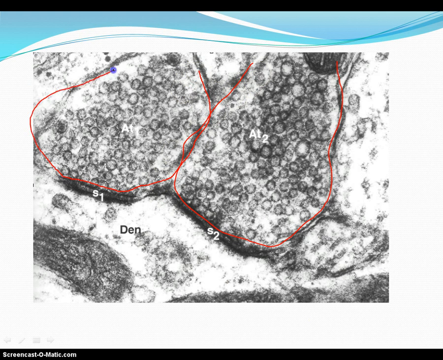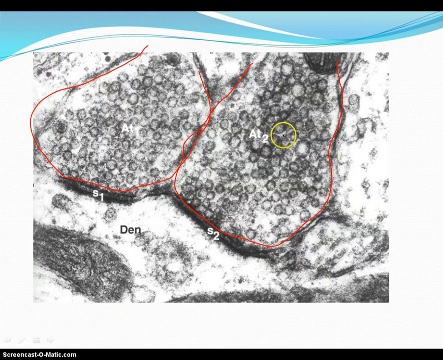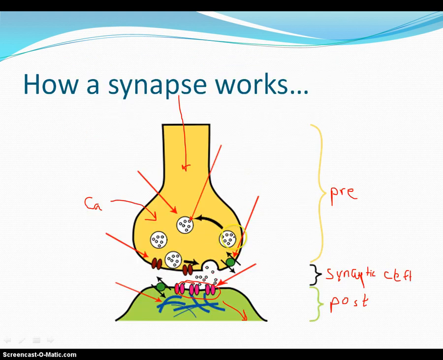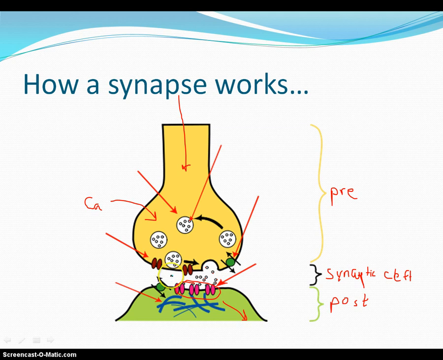All of that stuff that is in yellow is right here. You can see all these little circly things, and then all the little dotty things inside of them. The circle things are the vesicles, and the little dotty things are the neurotransmitters. And then you can see there's this little gap right in here. That is the synaptic cleft.